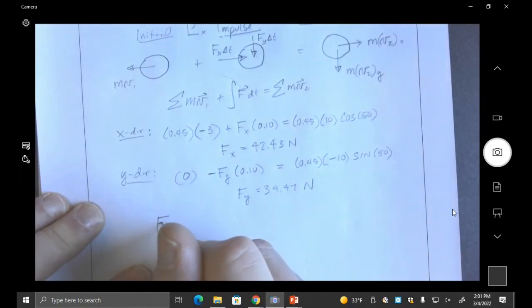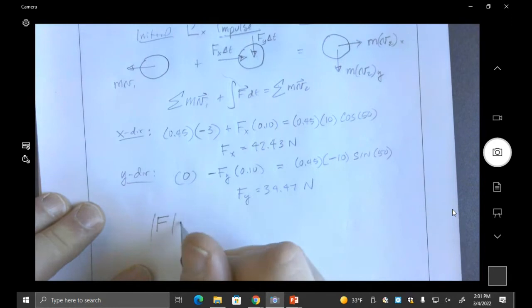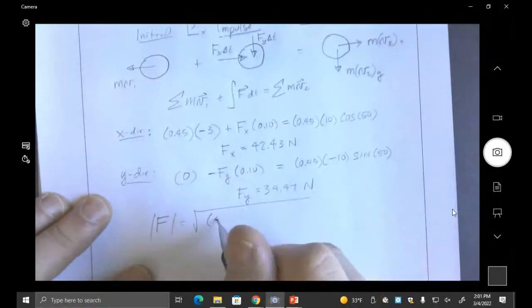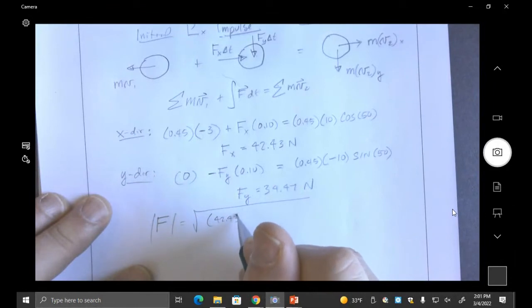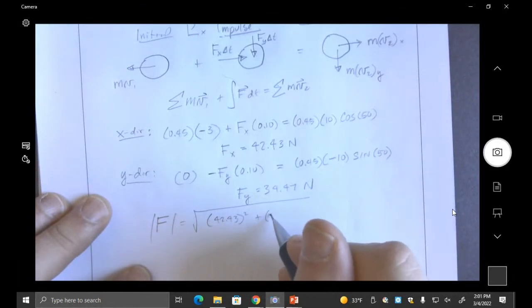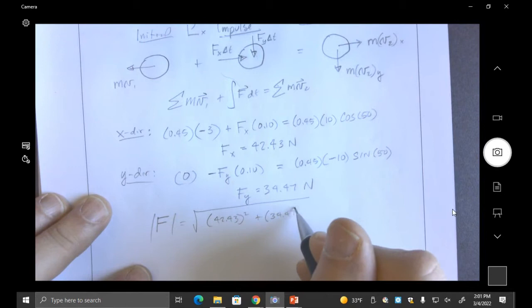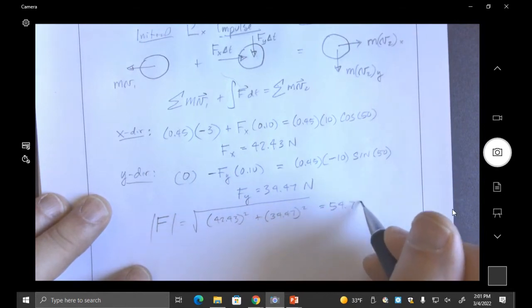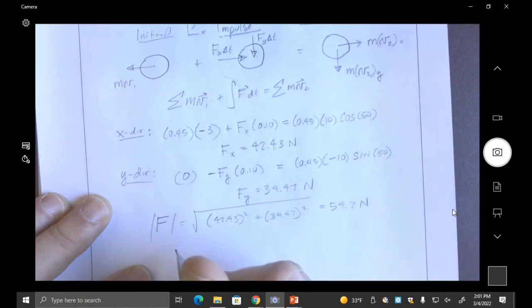So if we want to find the magnitude of the force, we'll take 42.43 squared plus 34.47 squared and get 54.7 newtons.